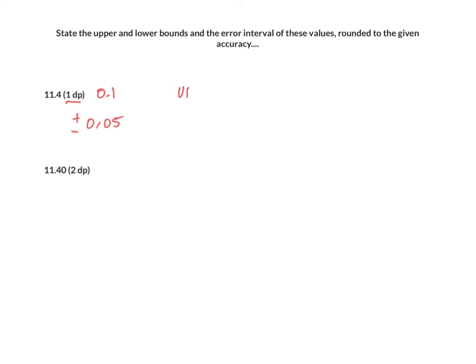And so our upper bound here is 11.4 plus that, which is 11.45, and our lower bound is 11.4 minus that, which is 11.35. And again, we can write it as an inequality if we want. The lower bound is included in this. I'm just going to say t. Could be any letter in the middle there. It doesn't have to be x. If you're talking about time, t would be a much better letter to use. If you're talking about mass, m might be a good letter to use.